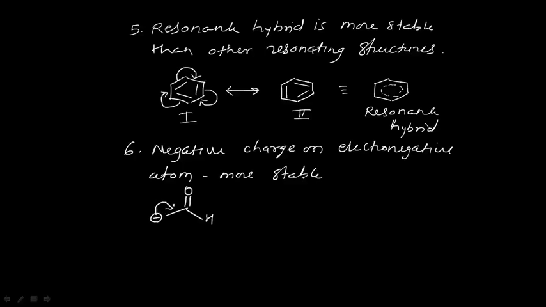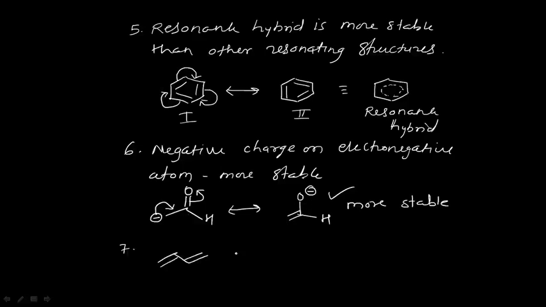If it resonates over the C double bond O, you can write another canonical structure in which you get a negative charge on oxygen. This is more stable than this one. Here we have a negative charge on carbon, and in this structure you have a negative charge on oxygen. Oxygen is more electronegative than carbon, so this is the more stable structure.